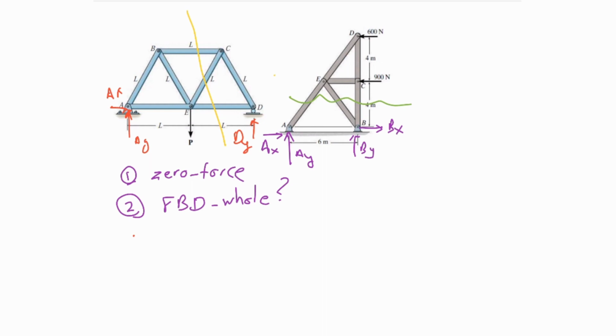For example, if you have Dy over here, you do a cut over here and you can find the unknowns in the middle, or you can do a cut like this, or you can do a joint like this. And by doing those things we can solve this problem.